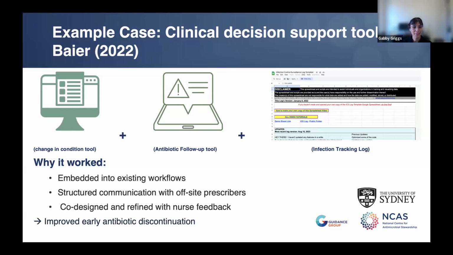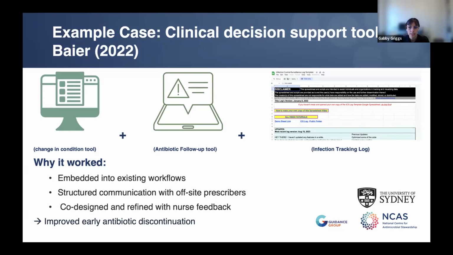And this is a screenshot of the third one because you can actually access this in infection tracking log. So the third replaced paper-based systems with a central tracking tool, improving visibility of infections and antibiotic use. But what's important is why this worked.